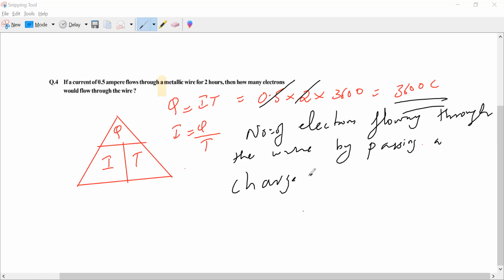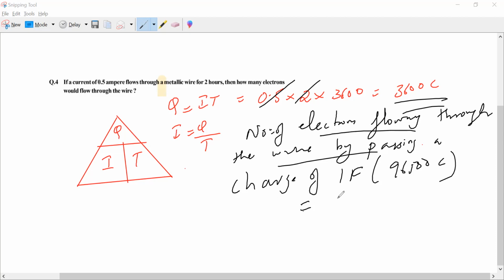We already discussed Faraday: 96,500 coulombs. 1 Faraday is equal to 96,500. So the charge of 3,600 coulombs we have to find. The number of electrons flowing through the wire by passing a charge of 1 Faraday is equal to my Avogadro number, 6.022 into 10 power 23.